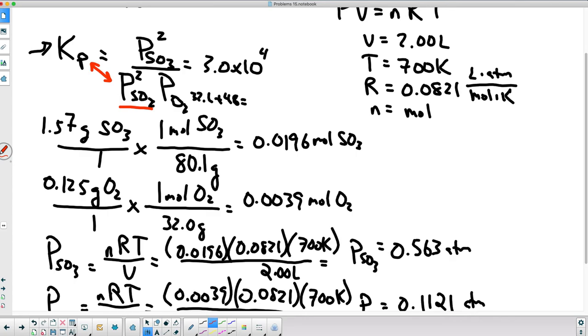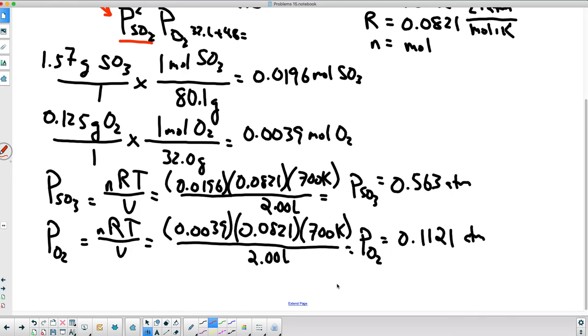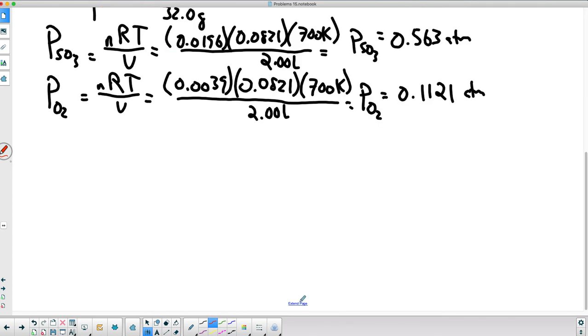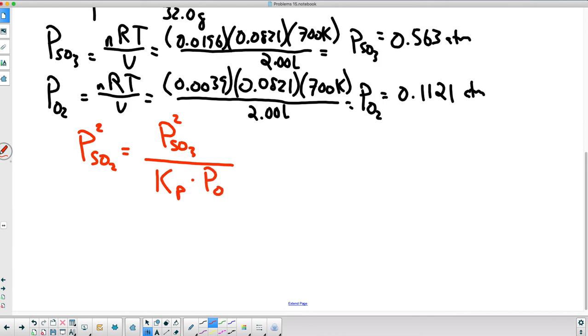Let's do that down below. Now I'm doing everything in red to make it look a little bit different. So here's what I just said. The pressure of SO2 squared equals the pressure squared of SO3 over the Kp times the pressure of O2.